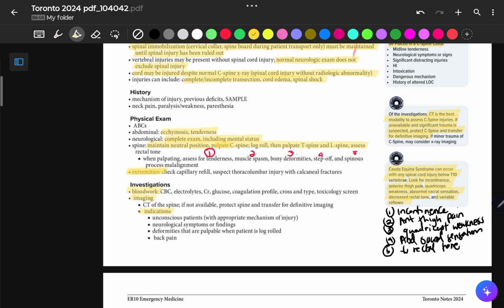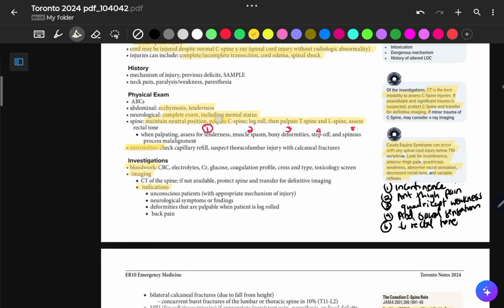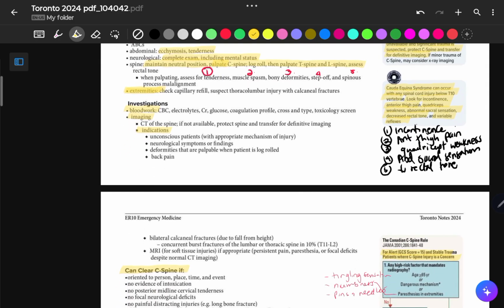What are the indications for imaging? An unconscious patient, neurological symptoms and findings, palpable deformity, and when the patient is log rolled, they present with back pain. Next, bilateral calcaneal fracture.